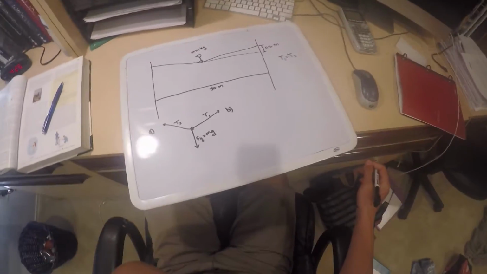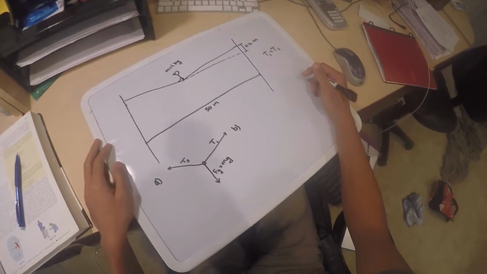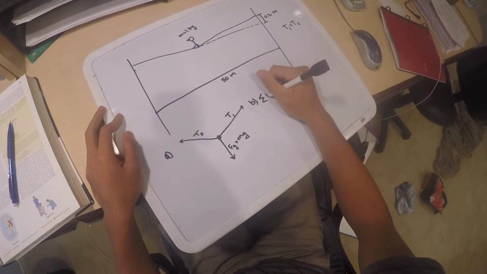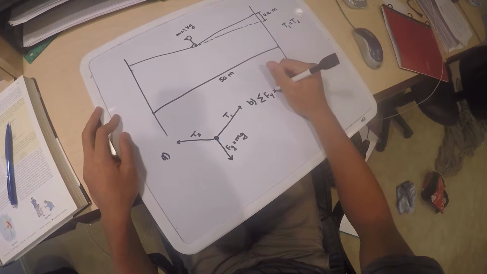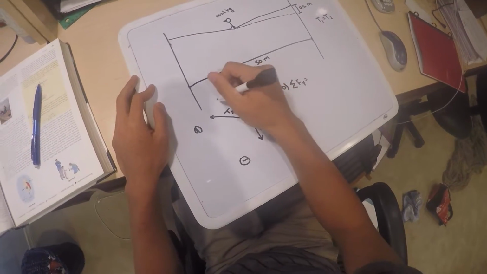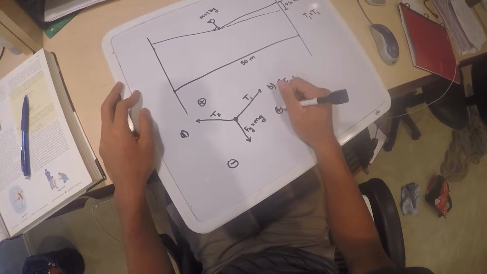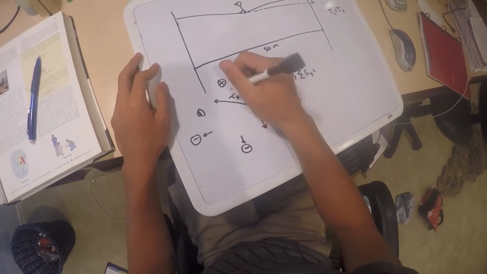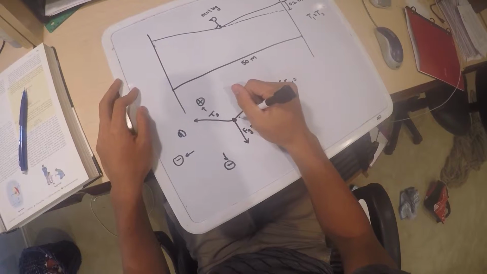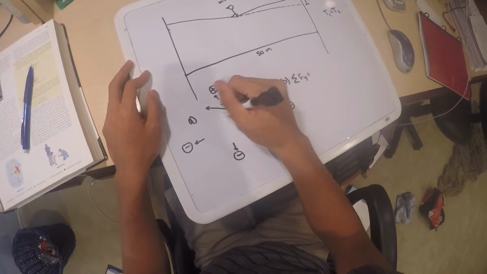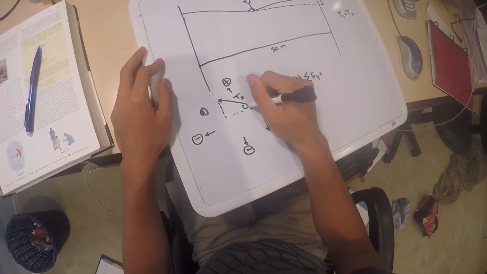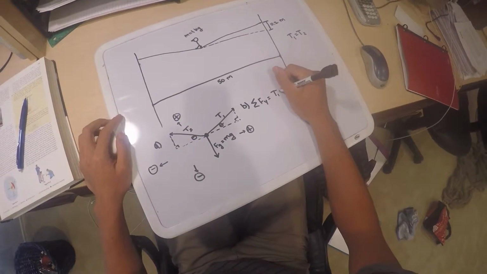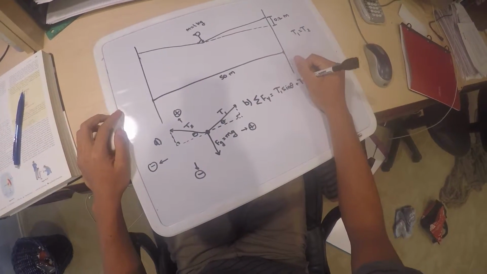Okay, so how are we going to go about solving this? Part B is sum the forces. So we're going to sum the forces in the y direction. So if we're going to call this up, this is positive, this is positive, and this is negative. Our positive going up is going to be T1 sine theta and T2 sine theta.